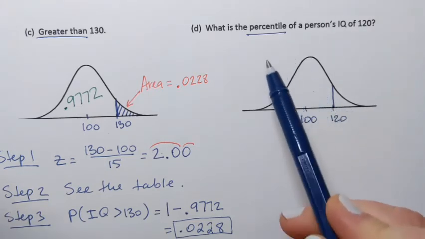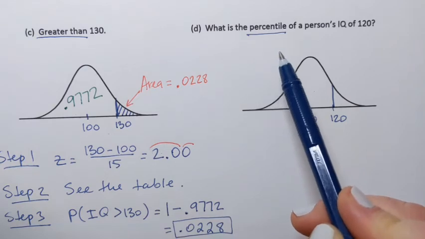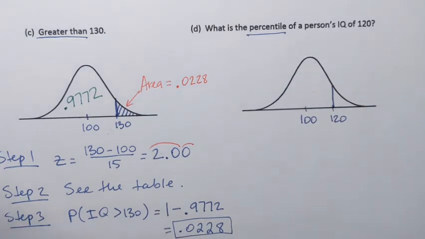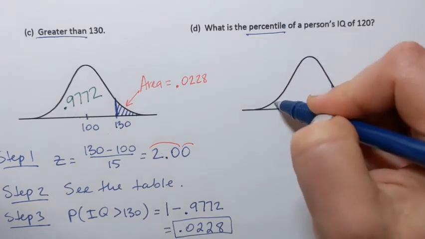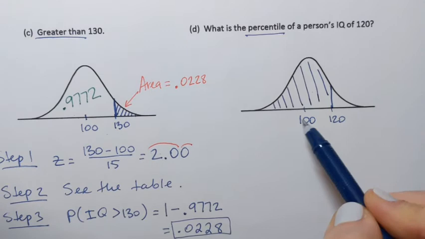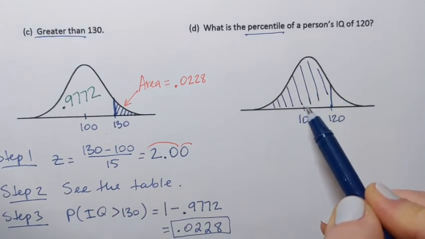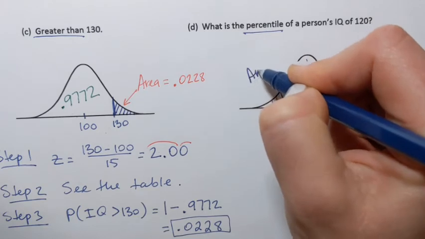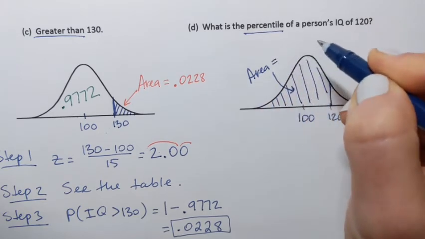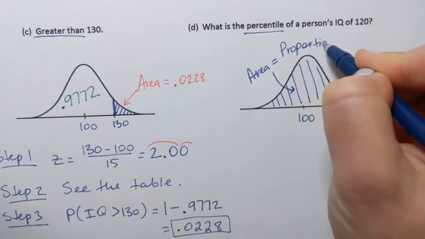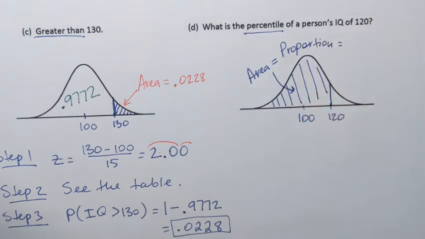Because once again, percentile is the proportion of observations that are less than or equal to. So I need to find area to the left because of that. And that area, this time I'm going to interpret as proportion. Once I find that proportion, then I will rephrase it in terms of percentile.